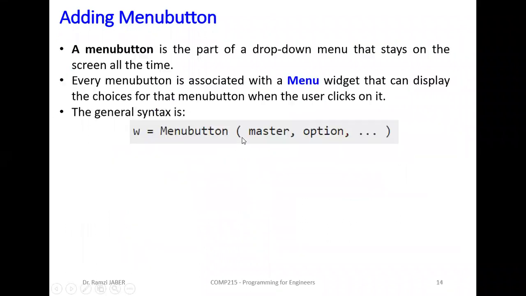Good. Now we go to menu button. A menu button is a part of a drop-down menu that stays on the screen all the time. Every menu button is associated with a menu widget. So menu button widgets and menu widgets are used in combination to display the choices for that menu button when the user clicks on it.